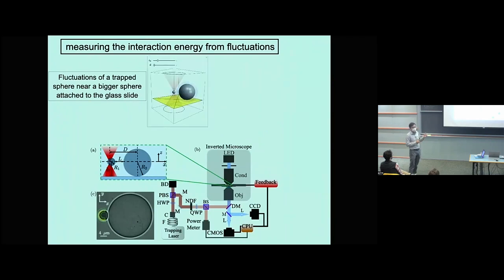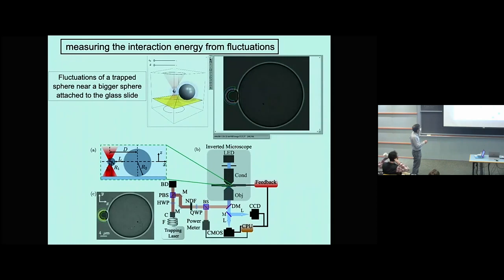In a very soft trap, my trapped bead is going to fluctuate a lot, and these fluctuations will give me a lot of information about the interaction. This is a typical frame that we capture in our system. This is the big sphere, this is the small sphere. They are not, as you might think, attached to each other, because we see the Brownian motion.